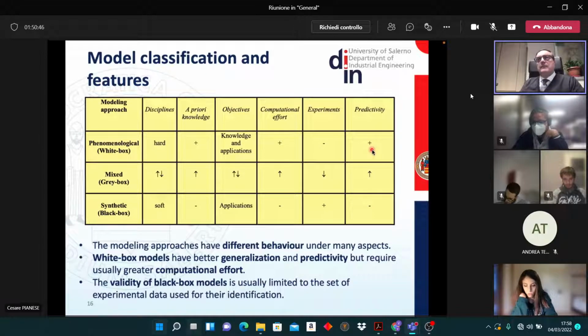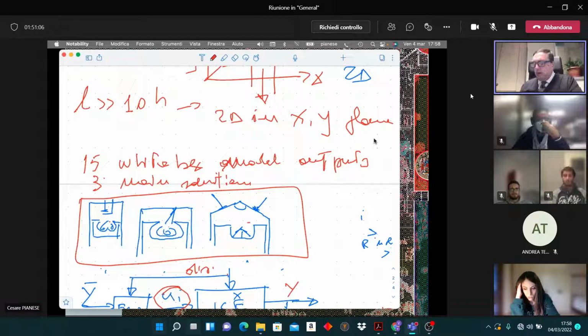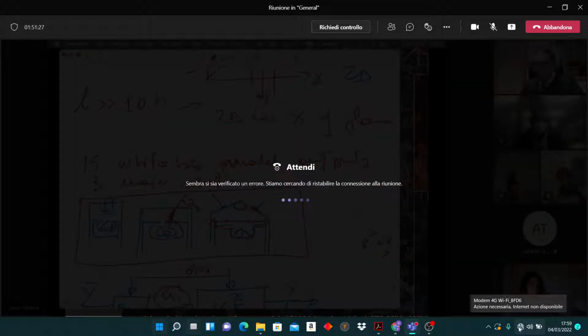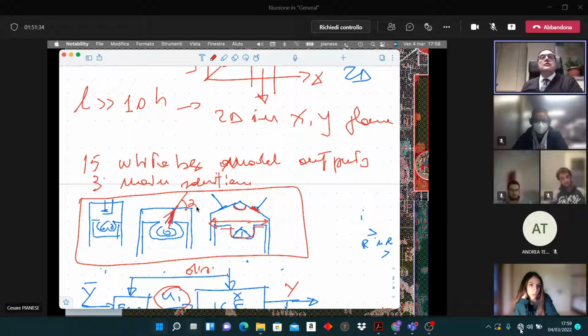And then, in terms of predictivity, we have these phenomenological white box models that are very, very highly predictive, because since we are not limited by experiment, we may change, for example, the bore, the diameter of the valve, this angle, this shape, as we said before.